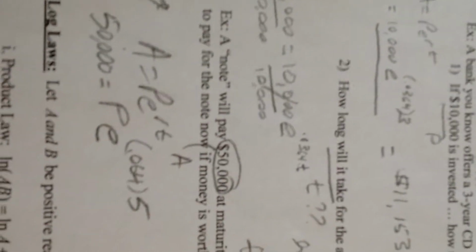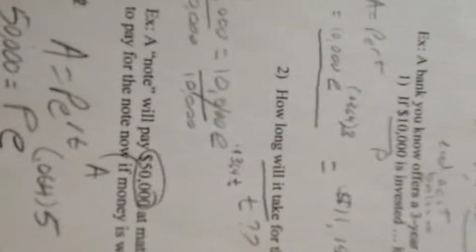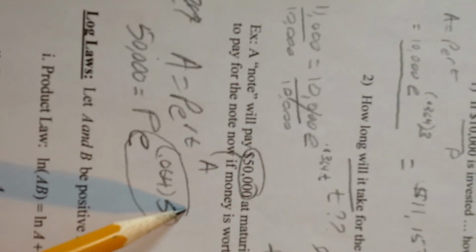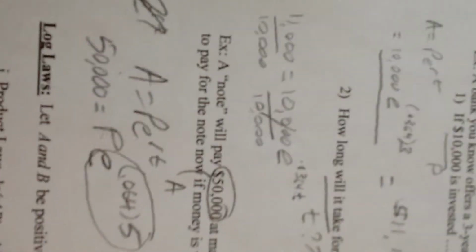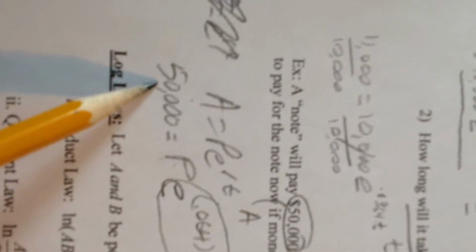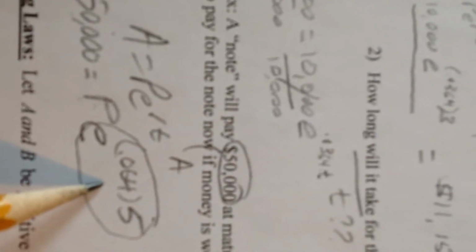So the problem we did, number 2, is actually the most complicated one because we have to do the log of both sides. This one, this business right here, I can just punch in my calculator, and then whatever that is, I divide away to get P by itself. So at the end, the principal is going to be 50,000 divided by whatever I get as a decimal from this.